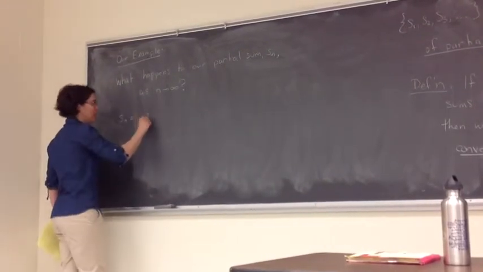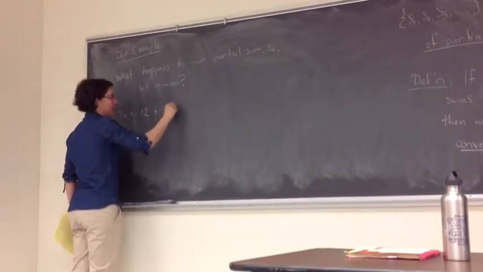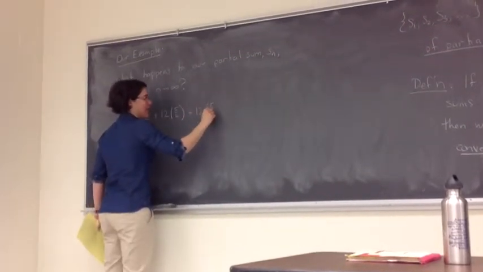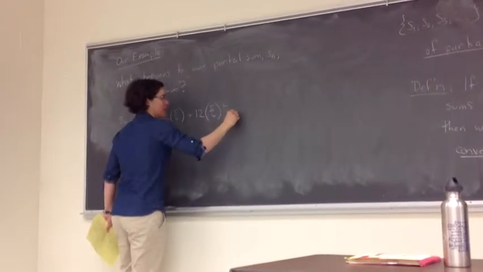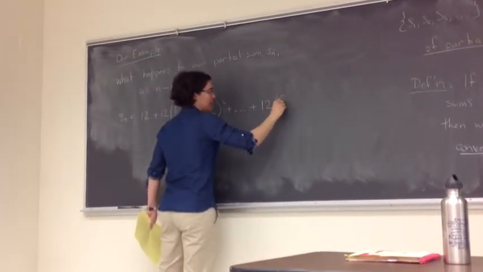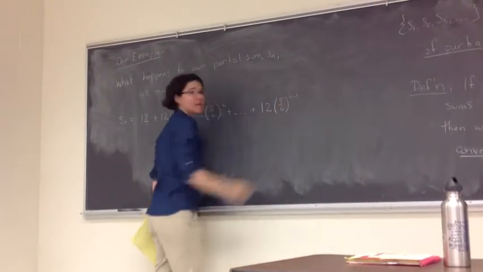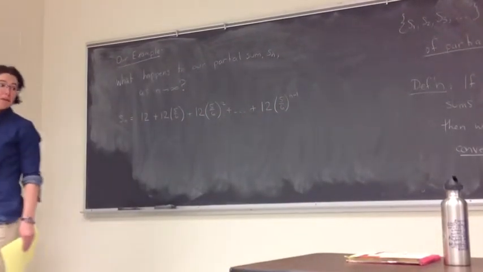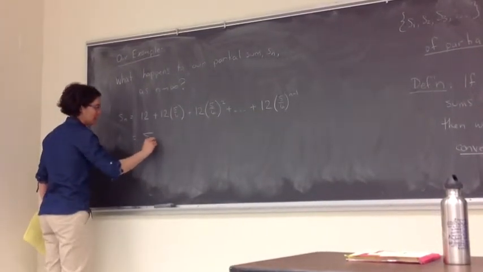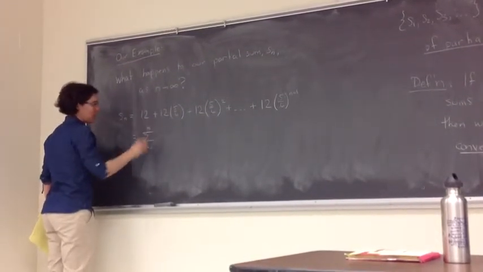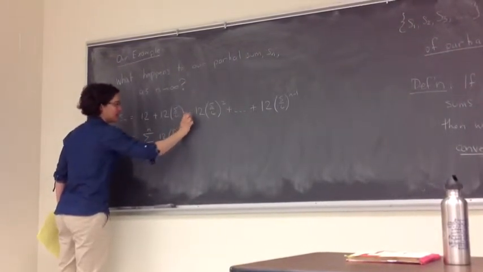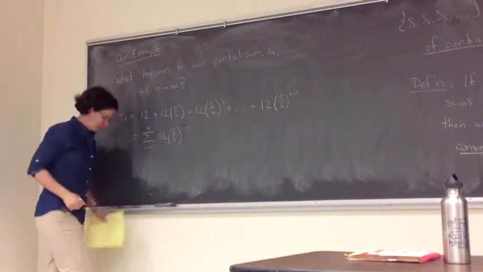Sn was 12 plus 12 times 5/6 plus 12 times 5/6 squared plus dot, dot, dot, and I kept going until I had 12 times 5/6 raised to the n minus 1. And the shortcut way of writing that was the sum where i goes from 1 up to n of 12 times 5/6 raised to the i minus 1.